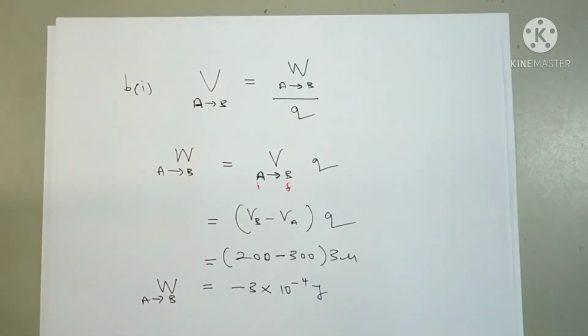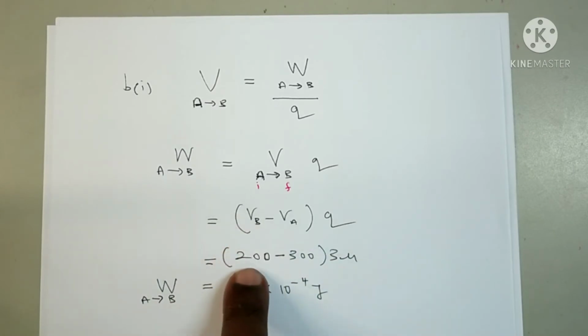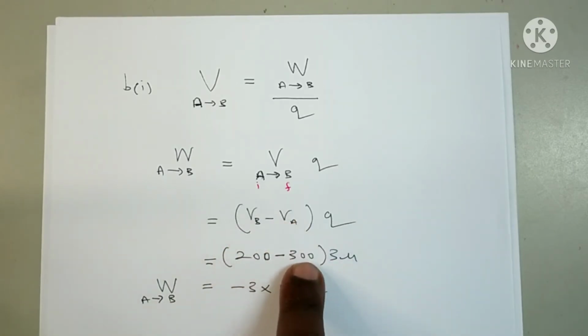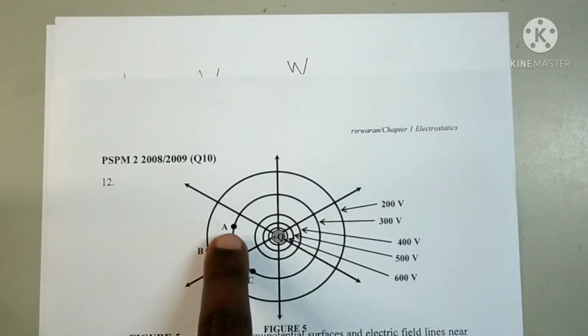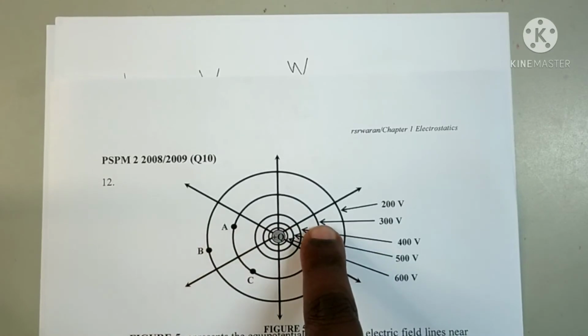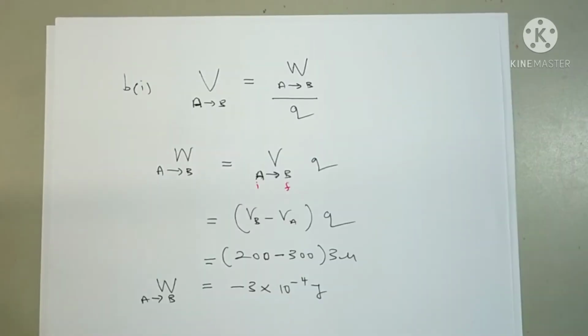So we substitute all the values accordingly into this formula, where VB is 200 volt, VA is 300 volt. We get work done A to B as about -3 times 10 to the power of -4 joule.